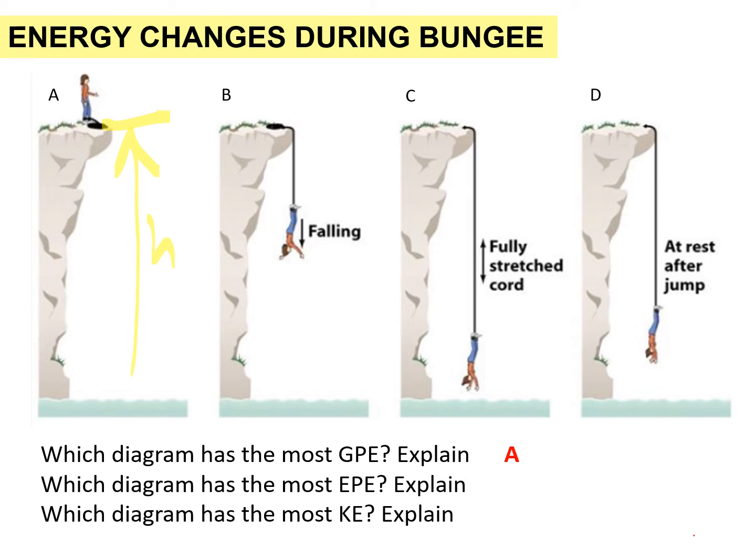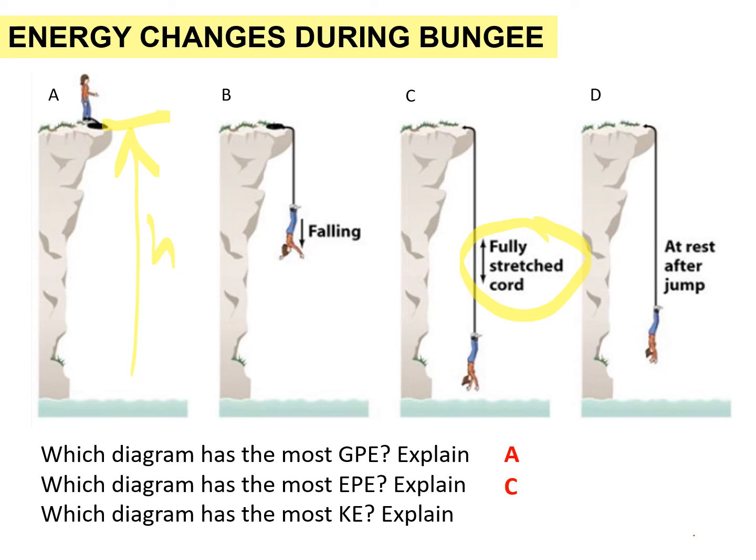The bungee's not stretched, so no EPE. Which diagram has got the most EPE? Well, C does, because the bungee rope is fully stretched. They're at the bottom, they're not moving, so no KE, and there's no GPE. So all the energy has been converted to elastic potential energy.